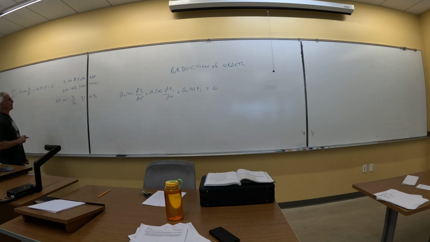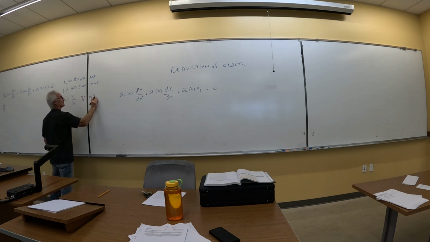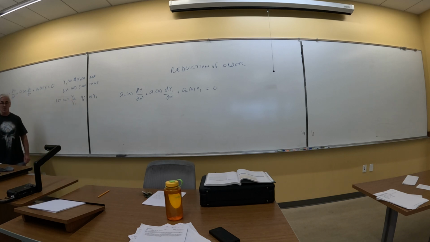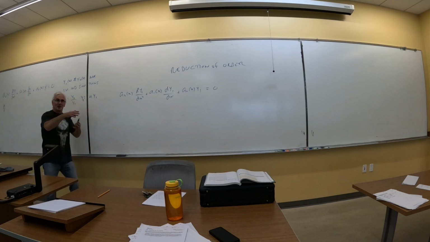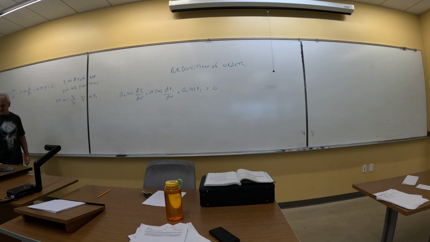I said we know y1. The one that we know, I want to be the one that we're differentiating. So I want to do y2 equals u times y1, because I said we know y1. So that means I'm going to write it in this order. It doesn't matter in the long run, but if I have y2 on the other side, it's not going to show up in the equation. I need the y1 to show up.